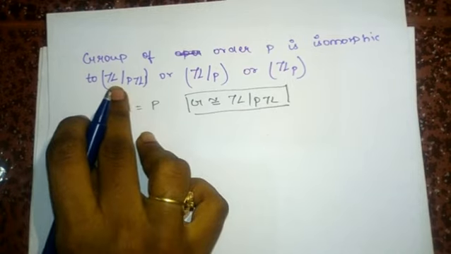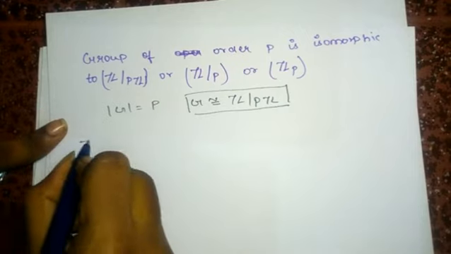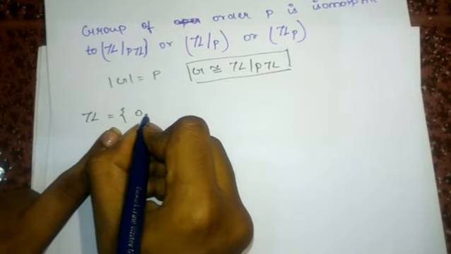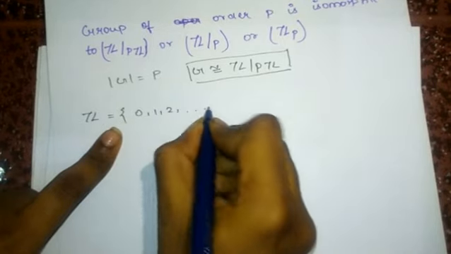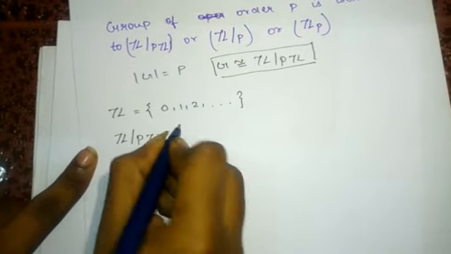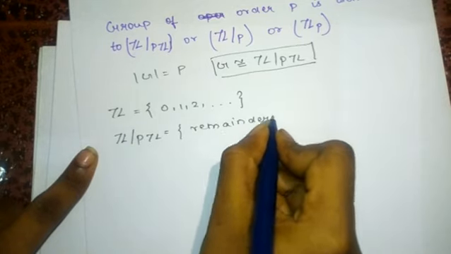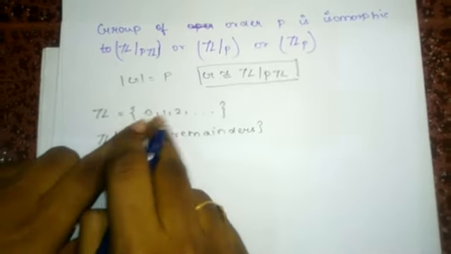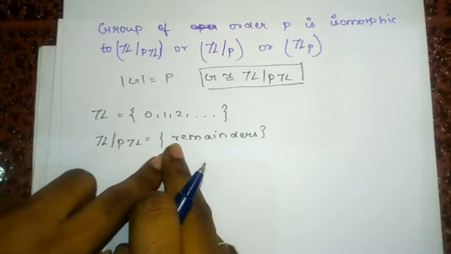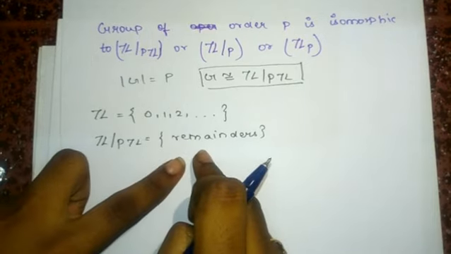First, let us see the elements in the set Z modulo PZ. First of all, Z is a set consisting of the numbers 0, 1, 2 and it goes on. Similarly, Z modulo PZ consists of the elements of remainders. When I divide the set Z by P, if I divide 0 by P, I write the remainder here, 1 by P, I write the remainder here, 2 by P, I write the remainder here.